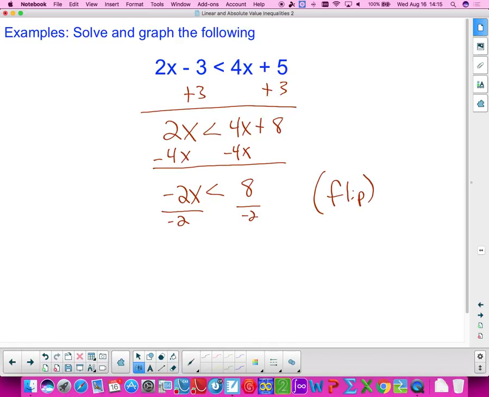So what's my answer? x is greater than -4. Now, Lauren, you may have gotten that the other way around. If you do it in a different order, you could get -4 is less than x. This is the other possible answer that I might see.